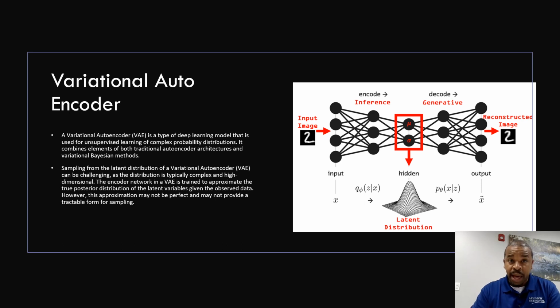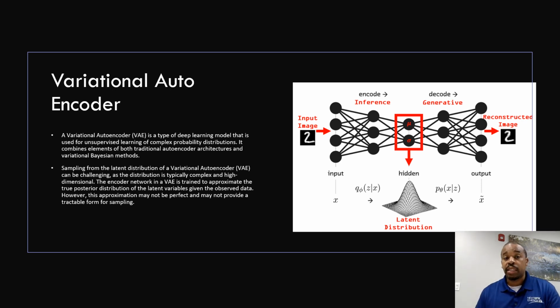The idea behind the latent distribution is that it allows the variational autoencoder to capture the underlying structure of the data. So by training the variational autoencoder, the model learns to map the high dimensional data to a low dimensional space in a way that preserves important information about the distribution of the data.